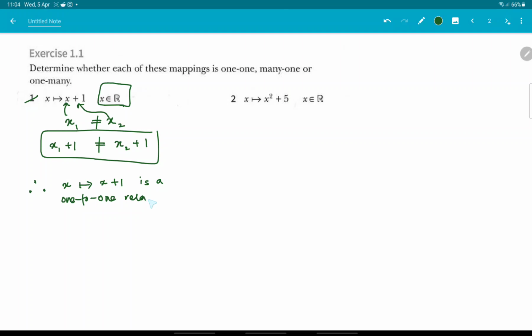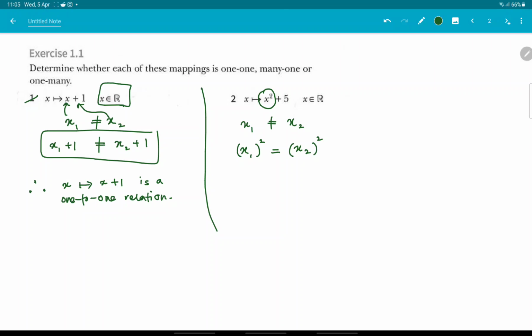Number 2. Let's say I substitute x1 into this, you will get x1 squared plus 5. First of all, you should say that x1 is not equal to x2. When you substitute into this x squared, you will get x1 squared equals x2 squared.